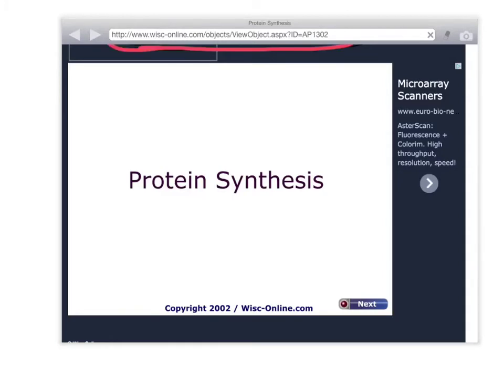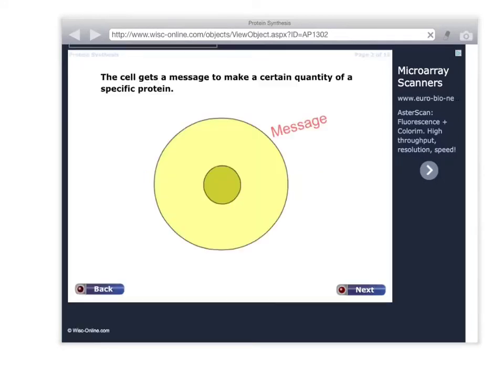So I'm going to start here just by saying, remember that protein synthesis is the process where your DNA code, so your DNA found in your chromosomes within the genes, has a code that codes for a specific protein.